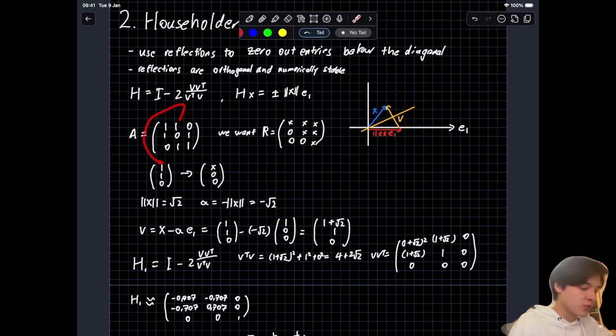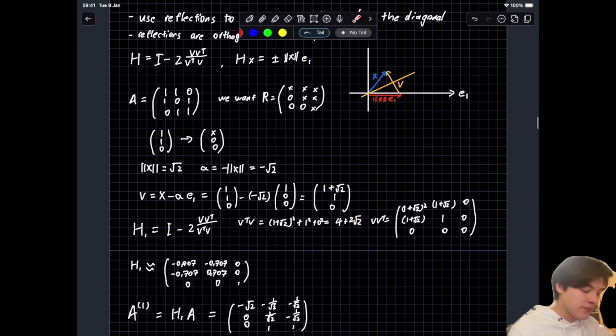So yeah, we started with this A, and in the end, we want to have an upper triangle. That means for the first column, we only want a number in the first space, and so we need to make the other two 0, 0. And we can find this x, or what is it? The norm of this is square root of 2.